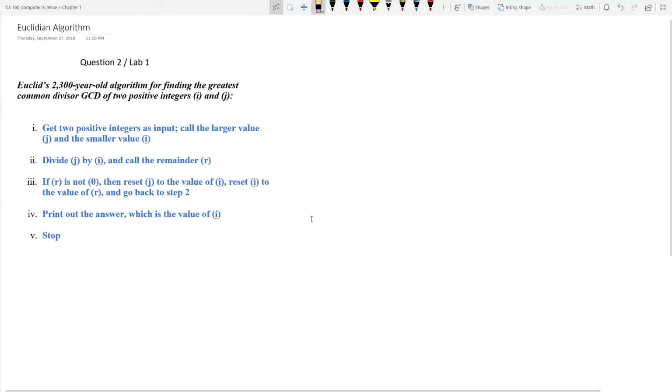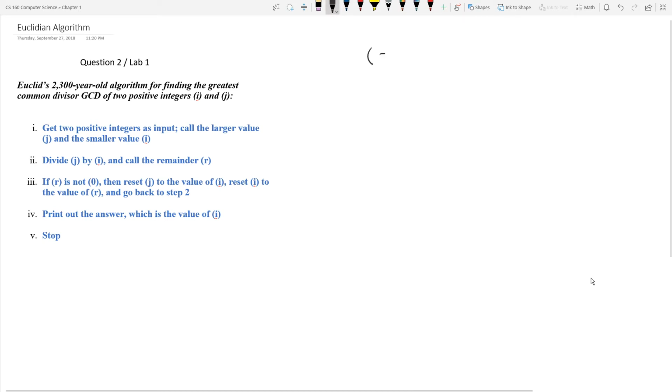So we're looking at question 2 in our first lab, and we are asked to follow Euclid's algorithm for finding the greatest common divisor of two positive integers. So let's set this up with the values that we were asked to use first.